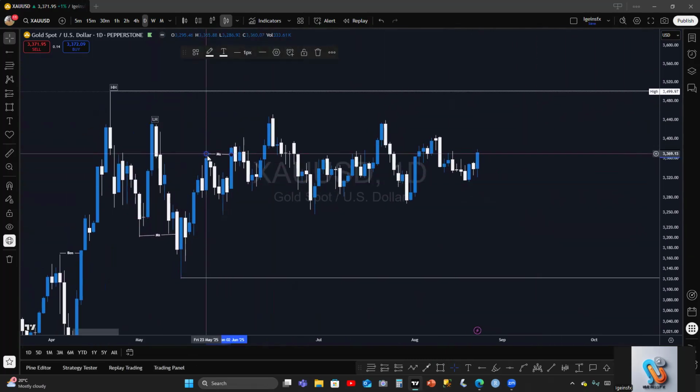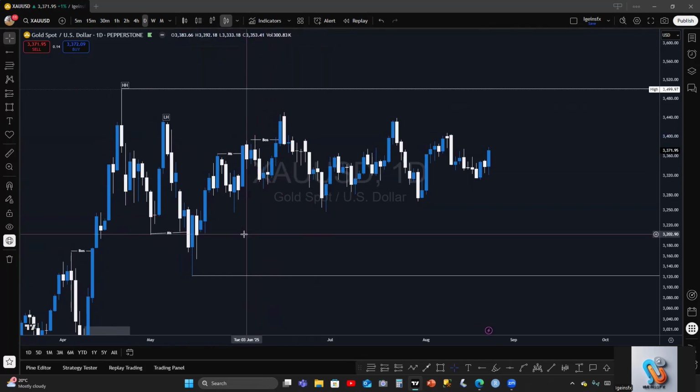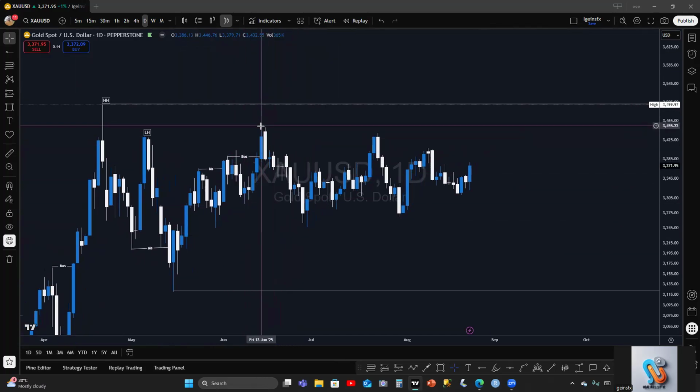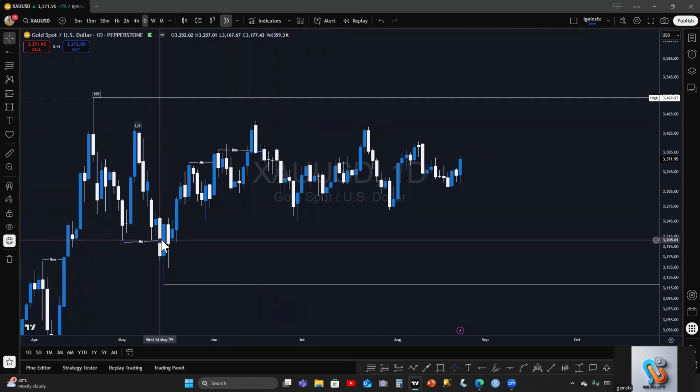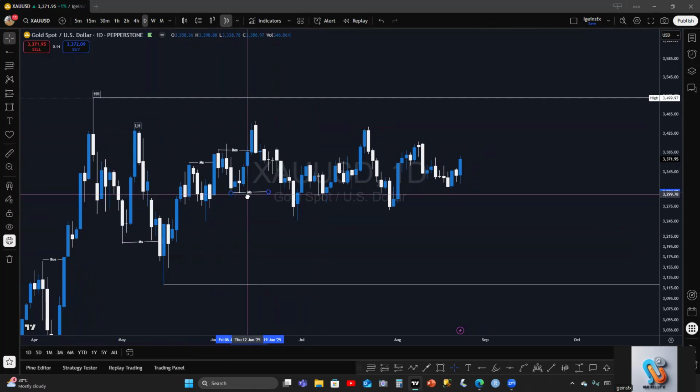All right. Market shift. Then after the market shift, we have a break of structure here. We have a break of structure here. Then price created a high, pulled back, giving us another market shift here.